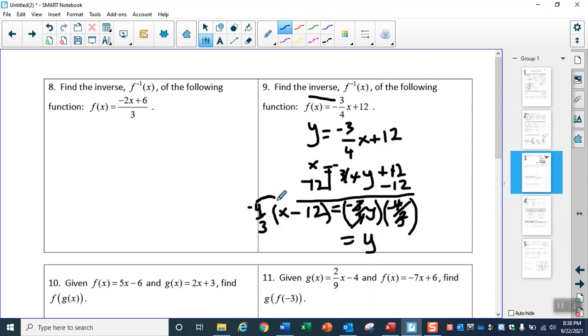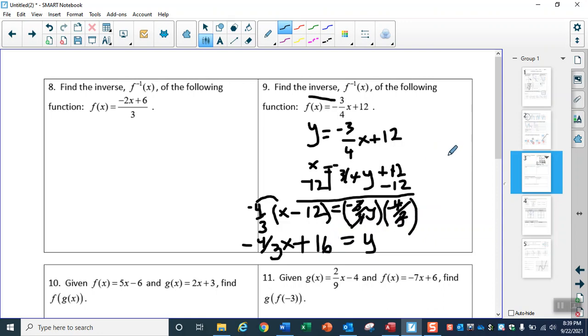And now I'm going to distribute this, so I get negative 4/3 x. And then a negative times a negative is going to be positive. And then 4/3 times 12, I'm going to do that on Desmos. And I get 16.